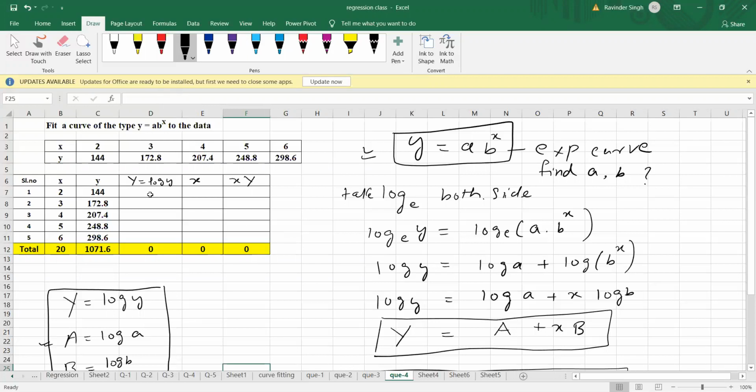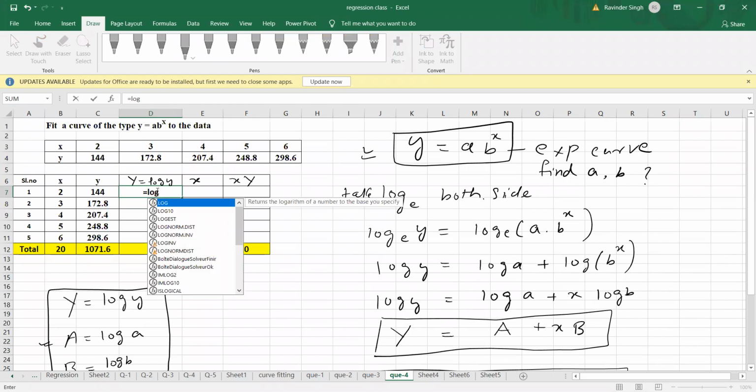So we'll find the values. We can do this with a calculator, but I'm doing it in Excel here. Don't forget that you have to use natural log only. So let me write the formula for log base e.